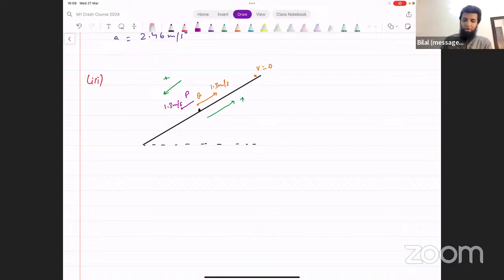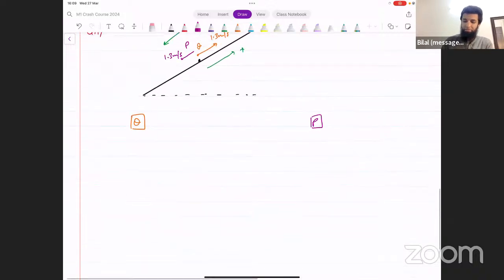Now Q is moving upwards, P is moving downwards. At some point, Q comes to instantaneous rest. We can first find the time taken until that point for Q, and then use that time to find the distance traveled by P during that time. What information do we have about Q and P? Let's write that down. For P, moving downwards, we take that direction as positive.